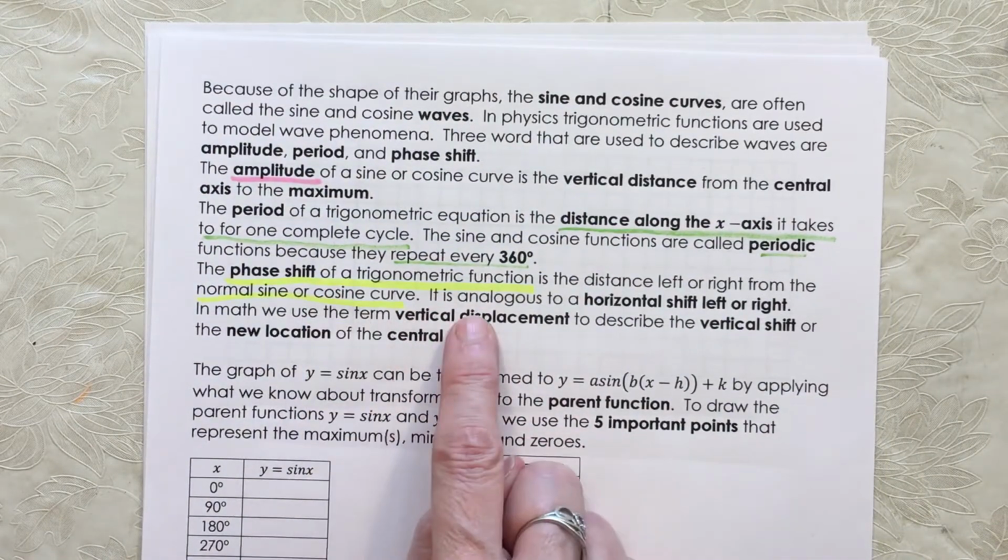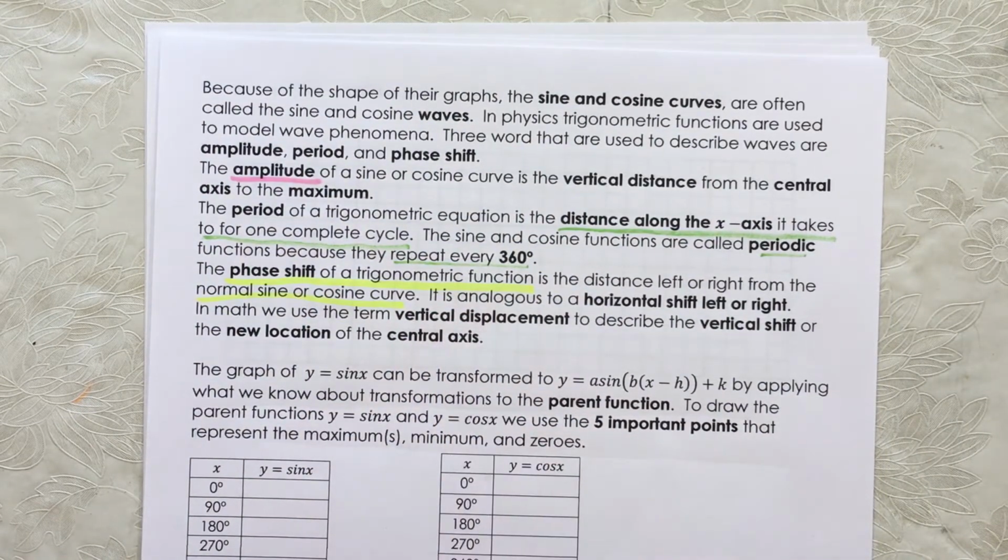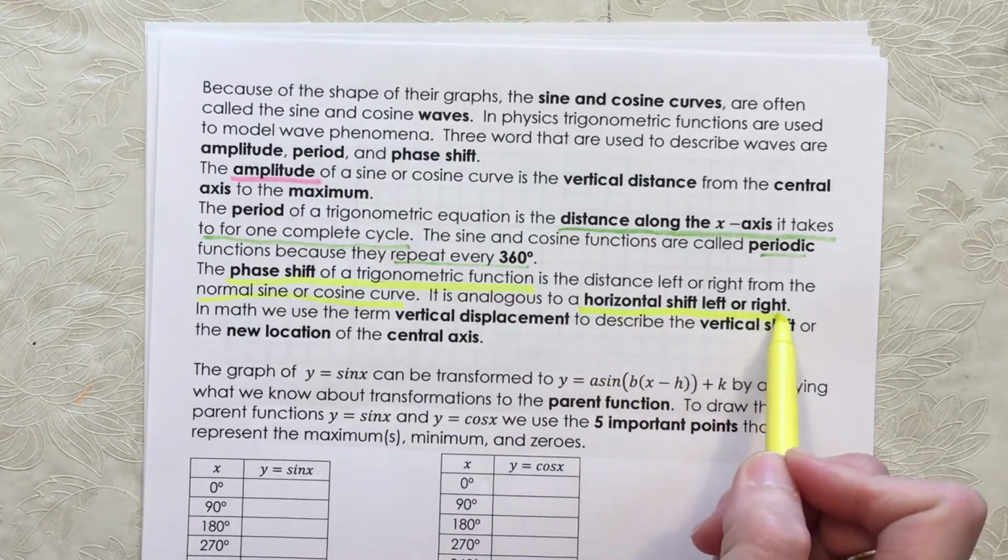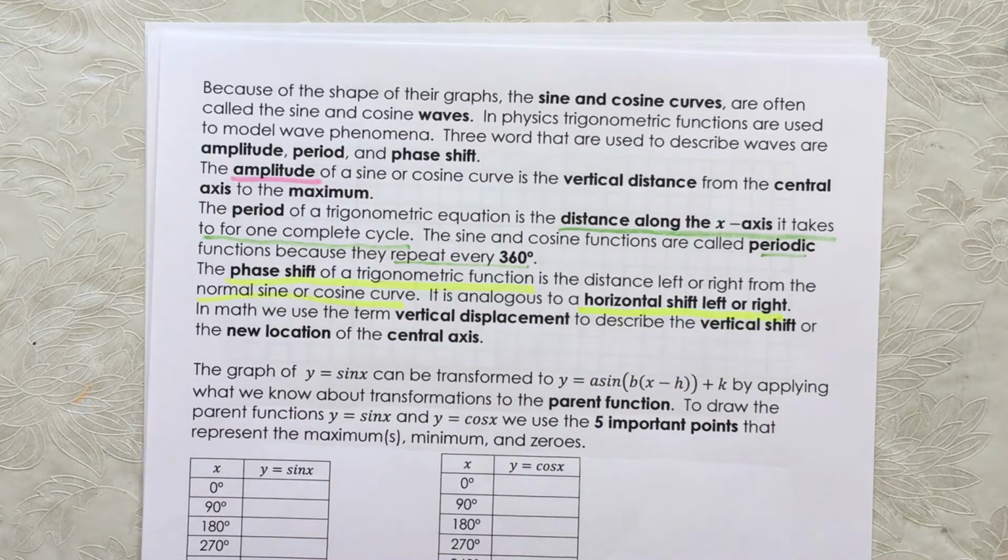And phase shift has the same meaning as horizontal shift, left or right, does in regular transformation talk. It just has a special name, phase shift, when we're talking about sine and cosine curves, because we want that word phase shift to mean the same thing in math as it does in physics. Okay, but for you guys and for this year, it's like the horizontal shift.